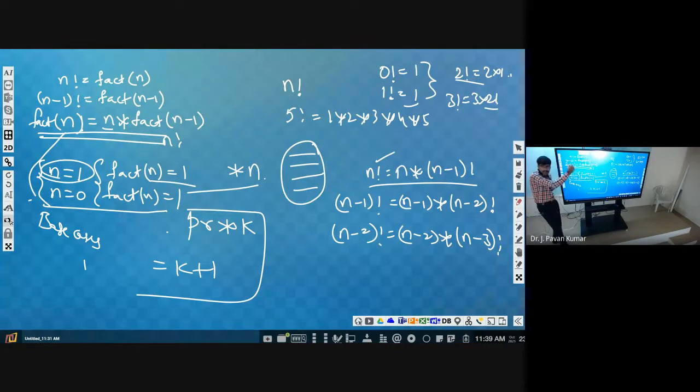Then we will find 2 factorial, then 3 factorial, and like that we will come to n factorial. So now, how can we write an algorithm or flowchart for the same thing?